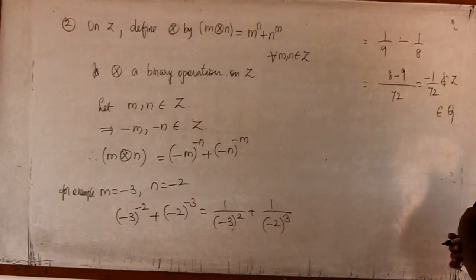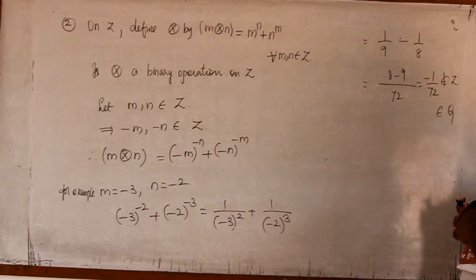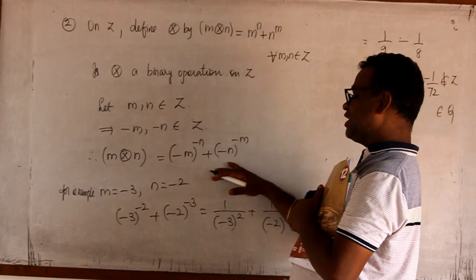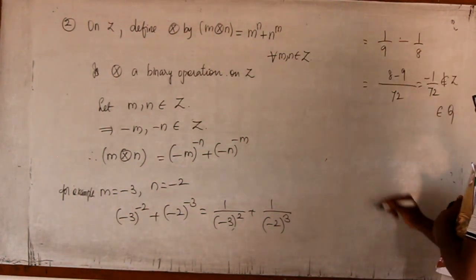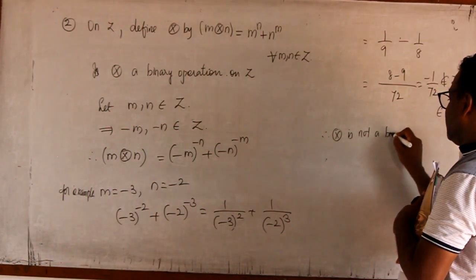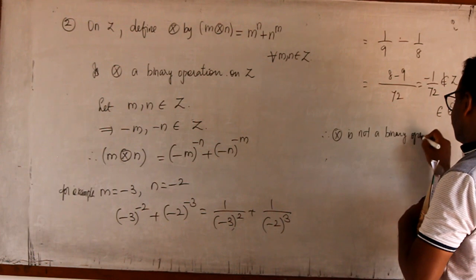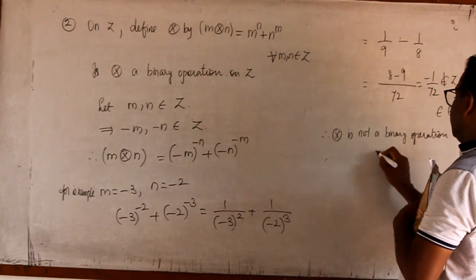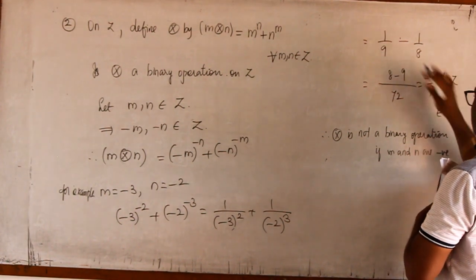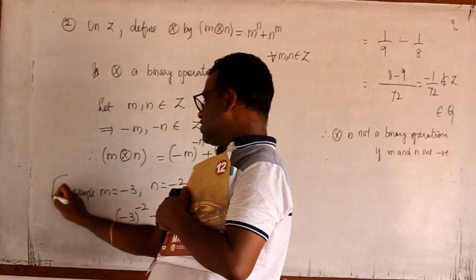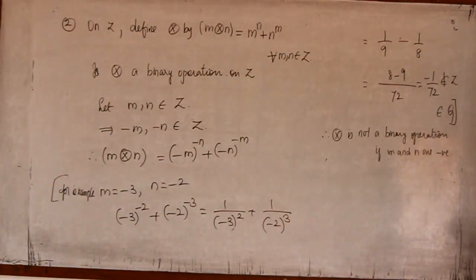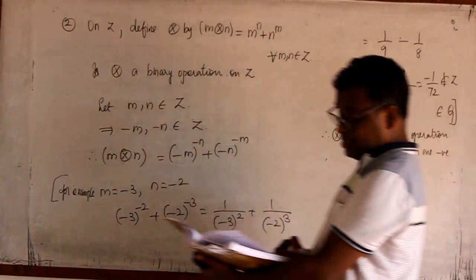Therefore, star is not a binary operation on Z. Therefore, if it is negative, the star is not clearly defined. Therefore, star is not a binary operation if m and n are negative. So you don't need to explain these things in your exam. Just you can say. So with that, the second problem is over. Now we should go for the third problem.